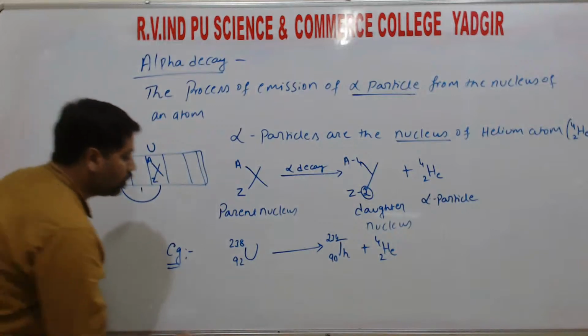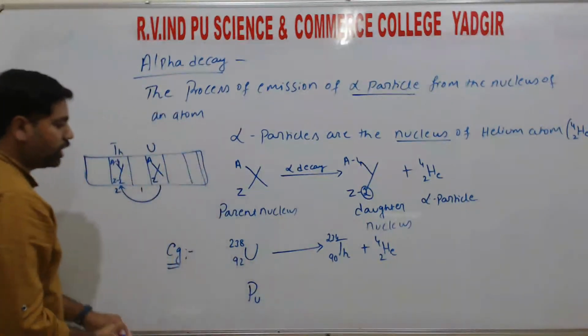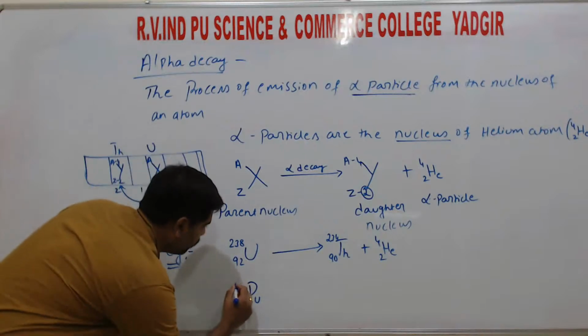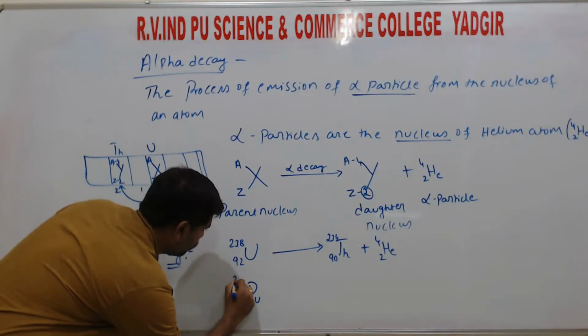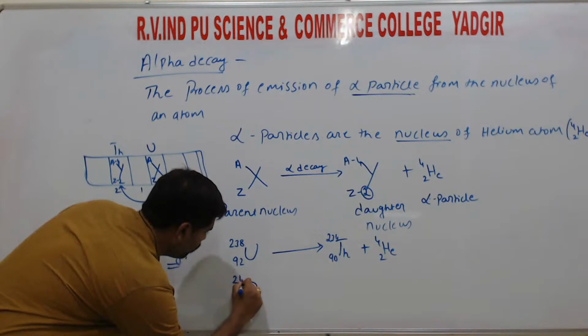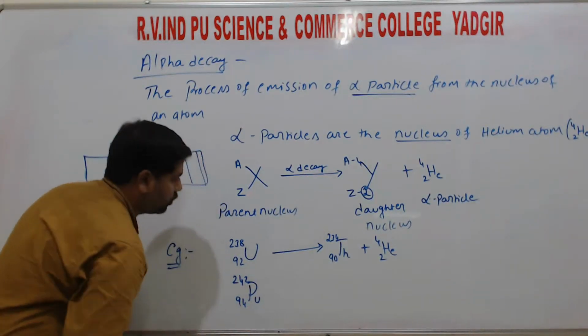So if we take one more example, that is plutonium, its mass number is 242.94, right?